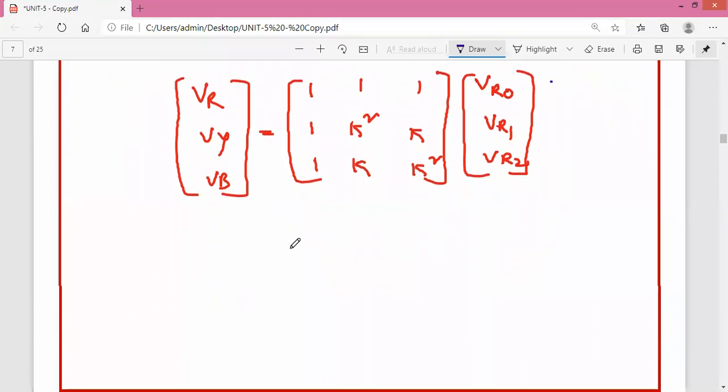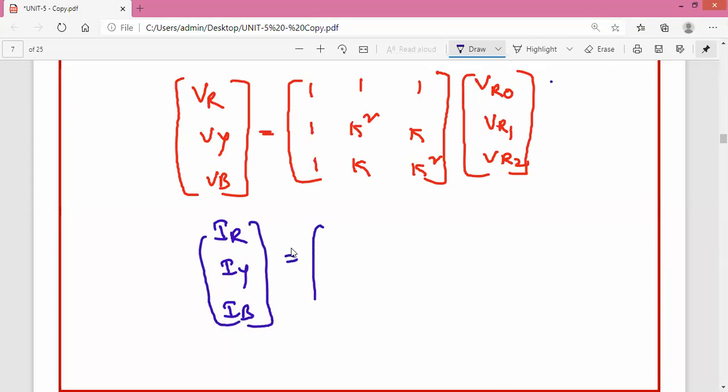So similarly, you can write for the remaining two parameters, IR, IY, and IB, with the same matrix 1, 1, 1, 1 k square k. What is the k? K is at an angle of 120, minus 0.5 plus j 0.8667.